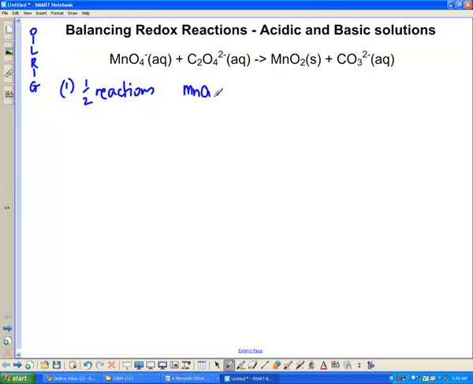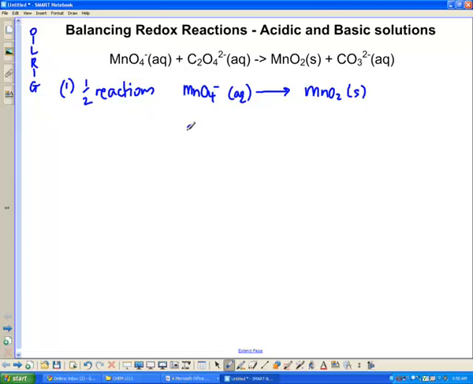So let's go ahead and do that. MnO4-, we're going to leave the states here as well, goes to MnO2 solid. Now, of course, that's not the overall reaction. That's not balanced, but we're going to do some balancing here in just a minute.